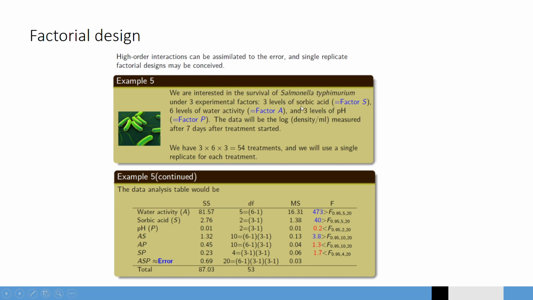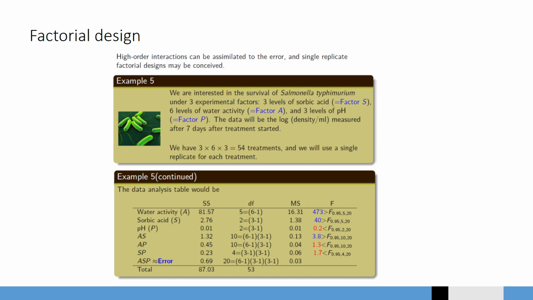So you have 3 levels of sorbic acid, 6 levels of water activity and 3 levels of pH, and then you will measure the optical density that goes through the culture. And because we have 3, 6 and 3 levels, you will have a total of 54 treatments. That is the multiplication of the 3. And we will use a single replicate for each one of the treatments. So for each one of the combinations, we will use only one measurement.